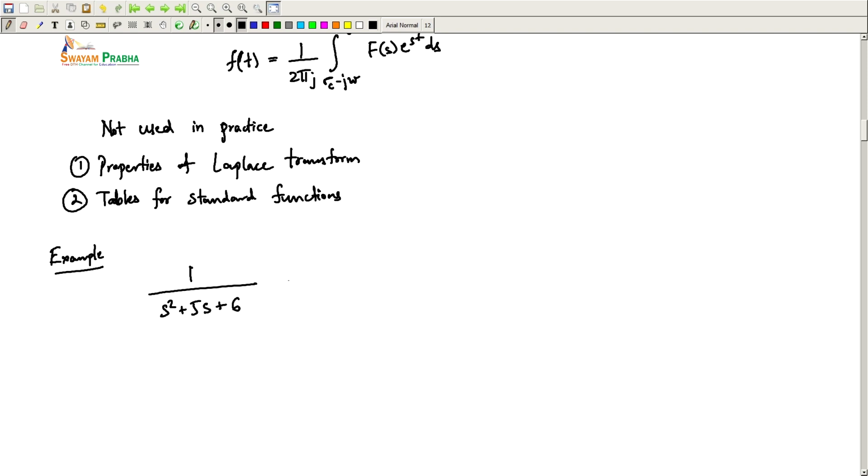We could break this down using the concept of partial fractions. So we can find this as, and once we have this expression, we go to our table.